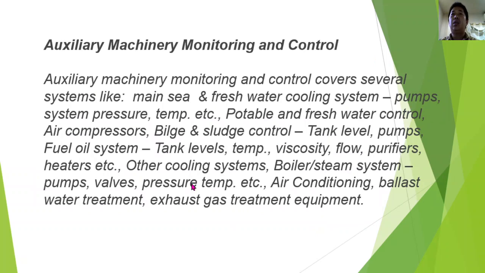We have also here auxiliary machinery monitoring and control. Auxiliary machinery monitoring and control covers several systems like main sea and freshwater cooling system, pumps, system pressure, temperature, etc. So potable and freshwater control, air compressors, boilers and slide control, tank level, pumps, fuel oil system, tank levels, temperature, viscosity, flow, purifiers, purifier heaters, etc. So other cooling system, boiler steam system, pumps, valves, pressure, temperature, etc., air conditioning, ballast water treatment, exhaust gas treatment equipment.